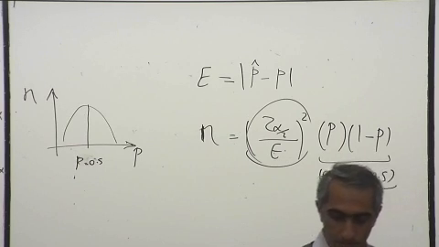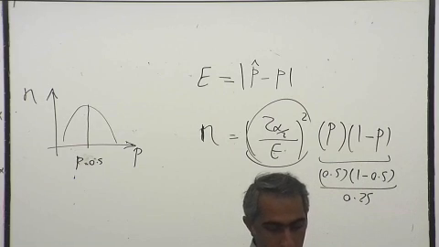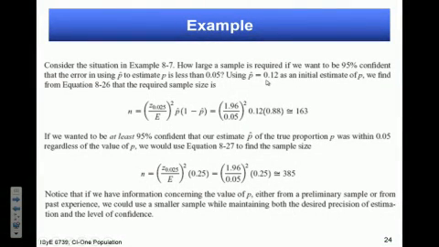That's one example. It says based on some initial estimates, we know that P is 0.12. And then we can find n based on that. Alpha is 0.05. This is the alpha over 2. This is the error. Error we want to be less than 0.05. And if we do the math, it's 163.